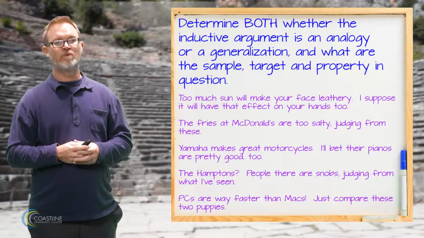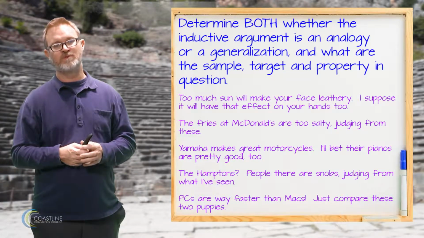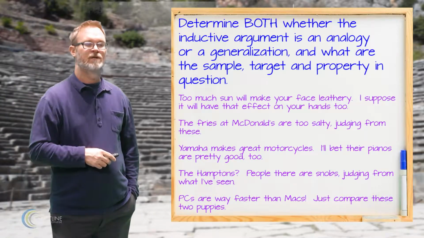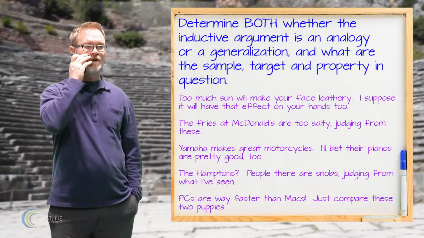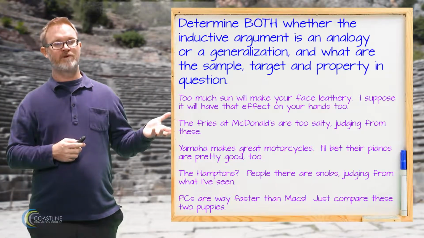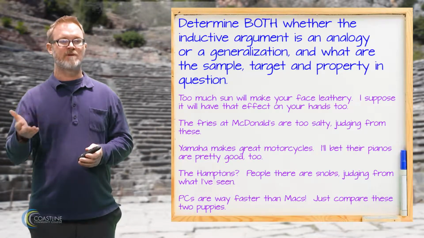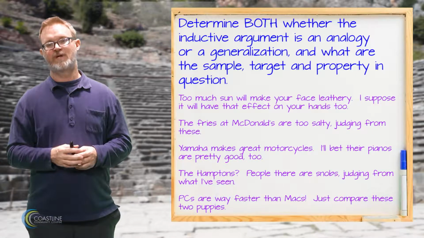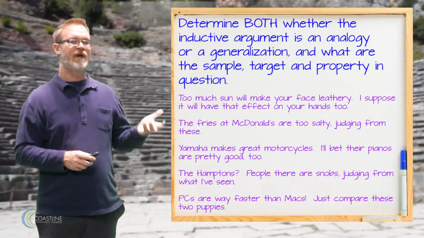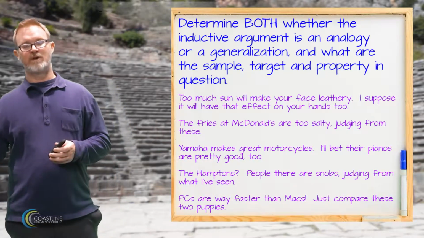Okay, so the next example we'll look at says too much sun will make your face leathery. I suppose it will have that effect on your hands also, right? So you see here that we have a comparison being made to how the sun affects your face, and how that seems like it might be similar to how it will affect your hands. And so your sample here is your face, your target is your hands.